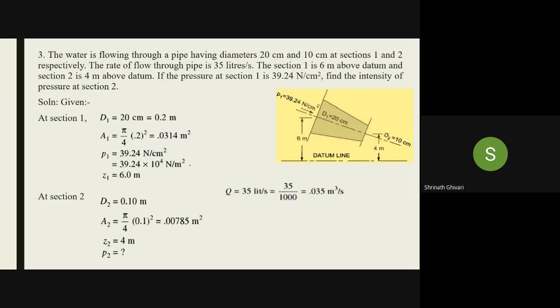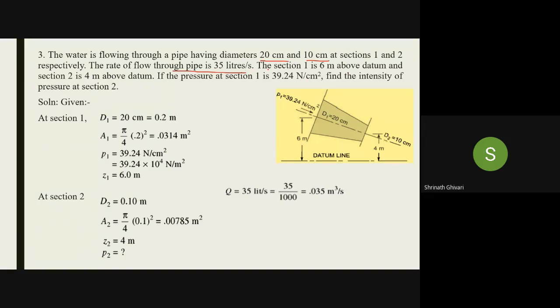I want everyone to solve this. The water is flowing through a pipe having diameters 20 centimeter and 10 centimeter at section 1 and 2 respectively. The rate of flow through the pipe is 35 liters per second.